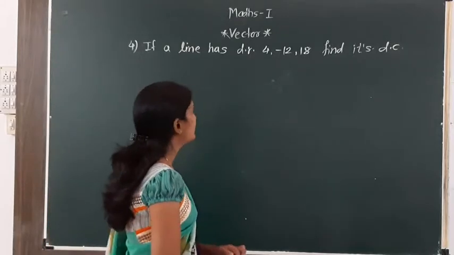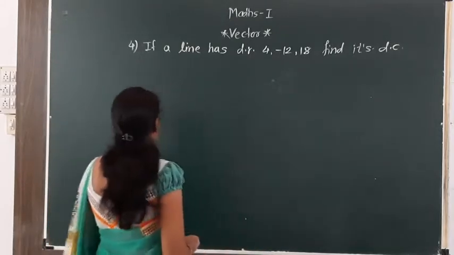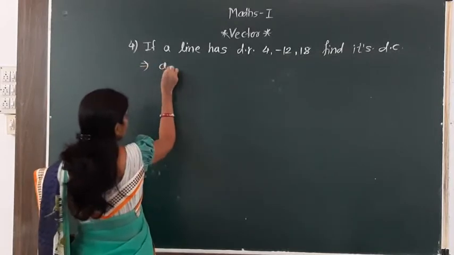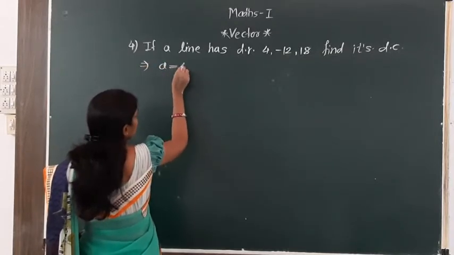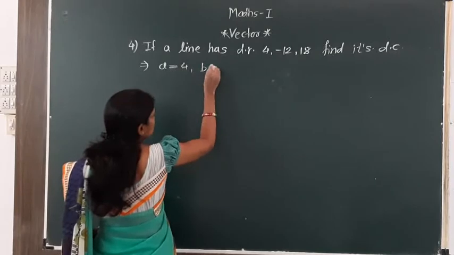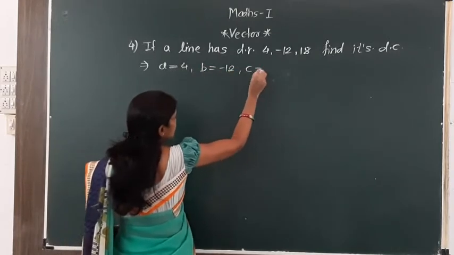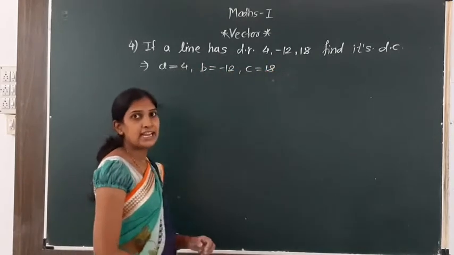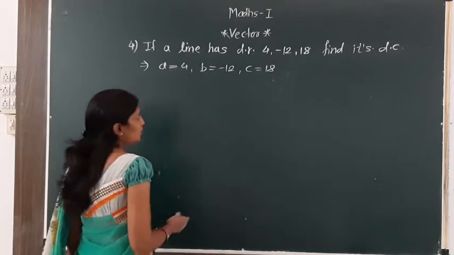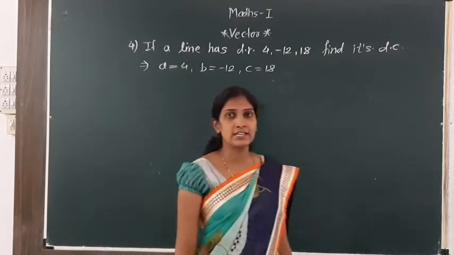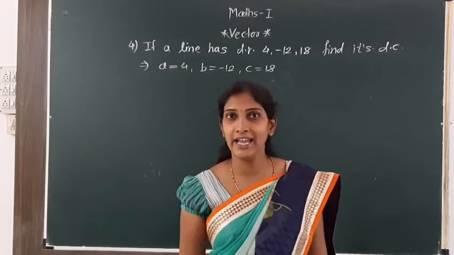They give us direction ratios. Direction ratios means what? That is A, B, C. A is equal to 4, B is equal to minus 12 and C is equal to 18. We have to find the direction cosines, which means L, M and N.